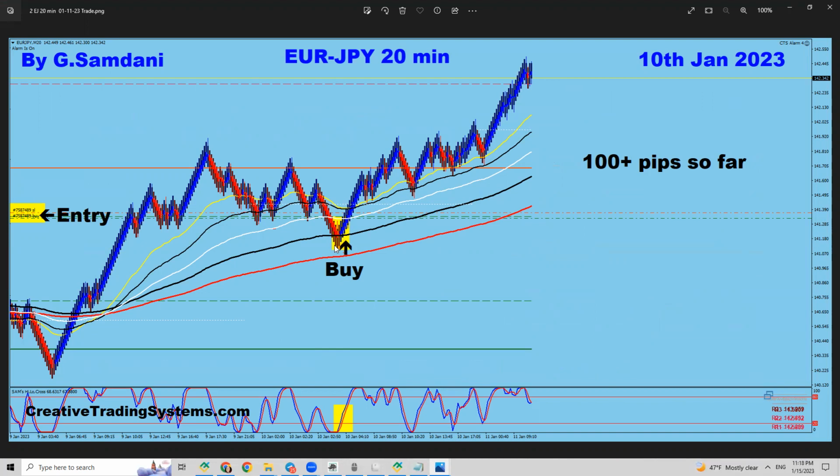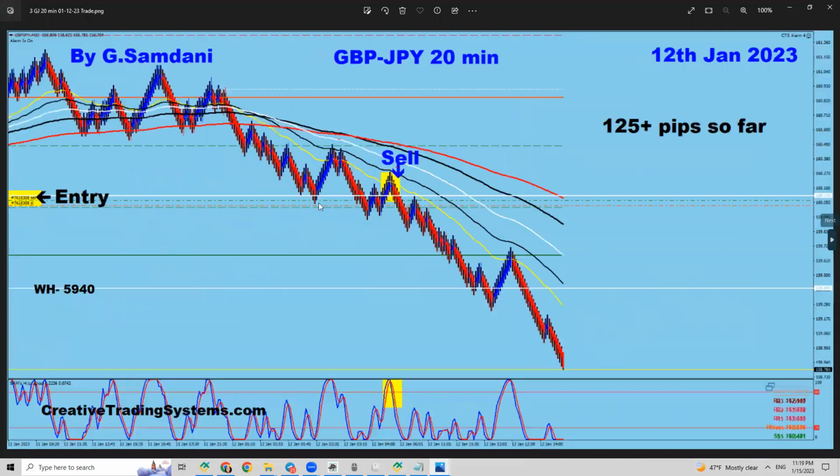Red candles coming out, I opened the trade here, right? And this one, 100 pip, euro yen. And here, pound yen, just the opposite, this is a sell order. A lot of people email me with the chart asking how the system works: you took this one, but you didn't take this entry.